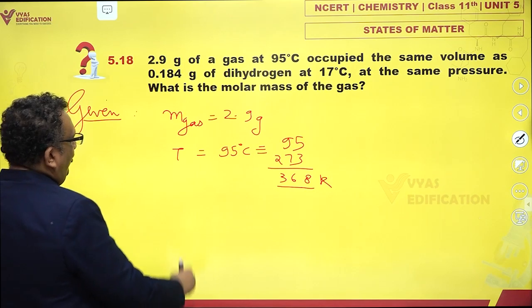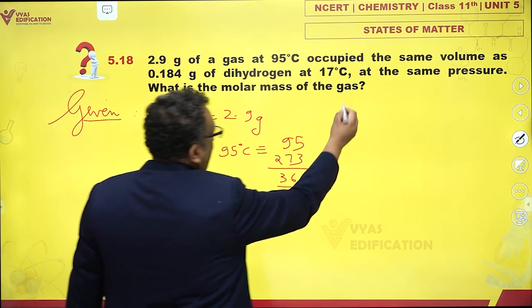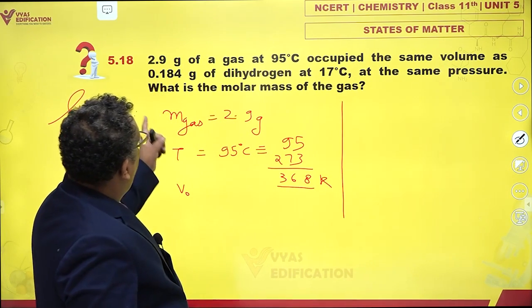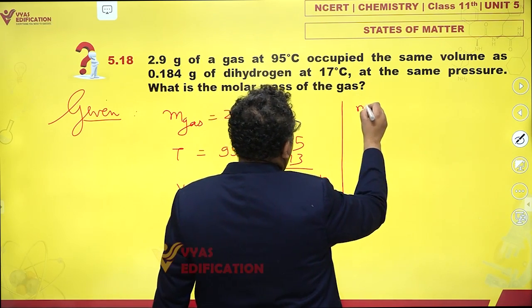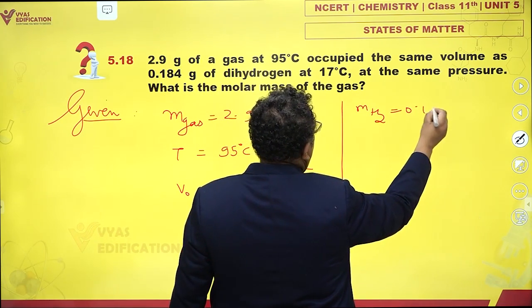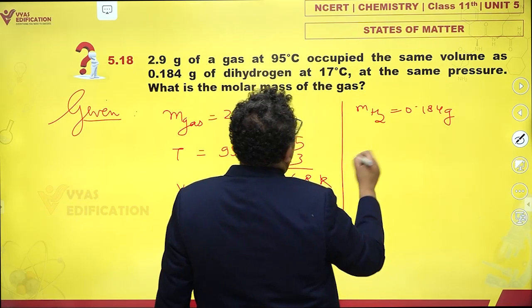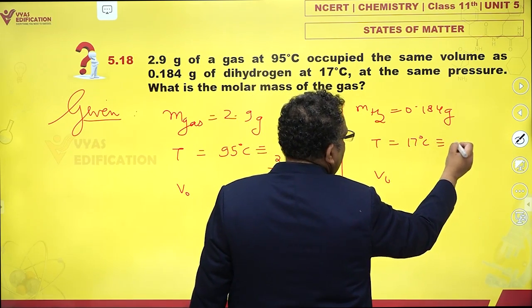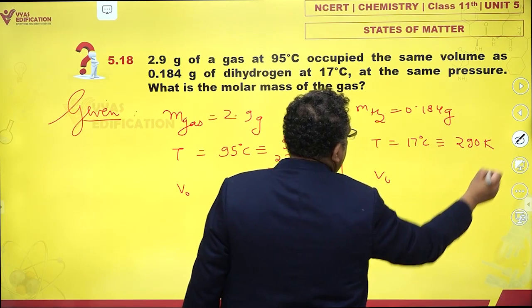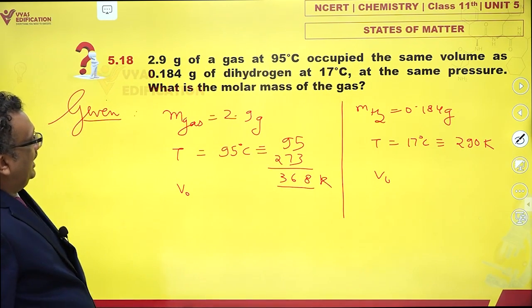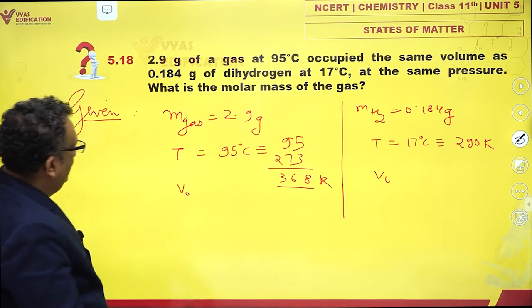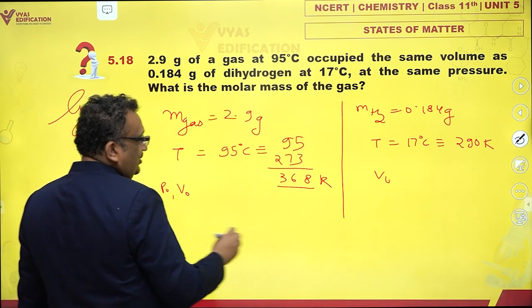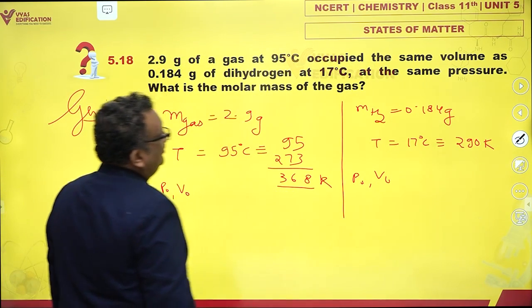Okay, it has some volume V0, and there is another gas. We have mass of hydrogen as 0.184 grams. Volume is V0, temperature is 17 degrees Celsius, which is 290 Kelvin. At same pressure, pressure is same, volume is same.